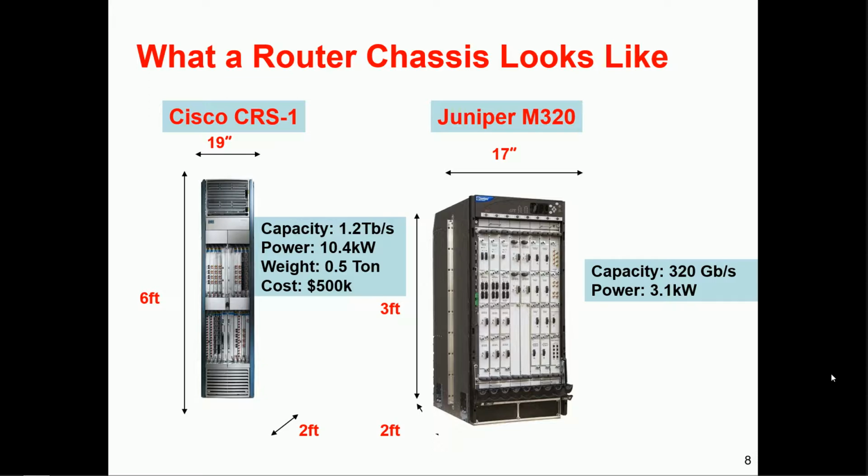The CRS, 6 feet tall, 19 inches wide, 2 feet deep. It weighs about half a ton. That's over 1,000 pounds, but it has the capacity to process a terabit of information per second, though it uses 10.4 kilowatts, versus again our Juniper model, which is 320 gigabits per second at a nice reduction in power of 3.1 kilowatts.